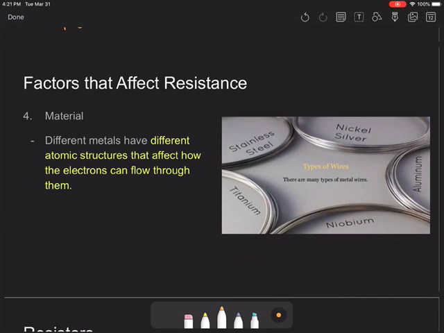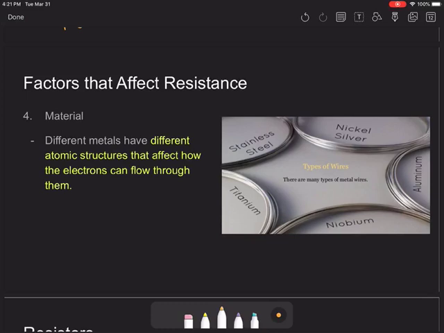Our last and fourth one of the factors that affect resistance is our type of material. So you might have heard of different types of wires. Wires are made of different types of metals, typically, because remember, metals are good conductors. So we have different types of wires, and some of them have more resistance than others.